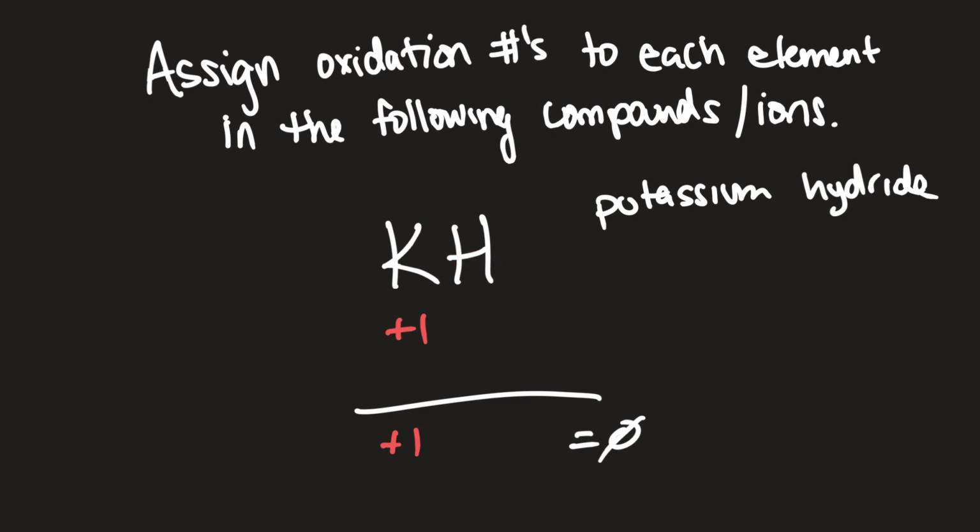Just like I told you, hydrogen is typically a +1, but in this case, when we have a metal hydride like this, hydrogen tends to have a -1 oxidation state. So this will be -1. And these are the assigned oxidation numbers for the elements within this compound.